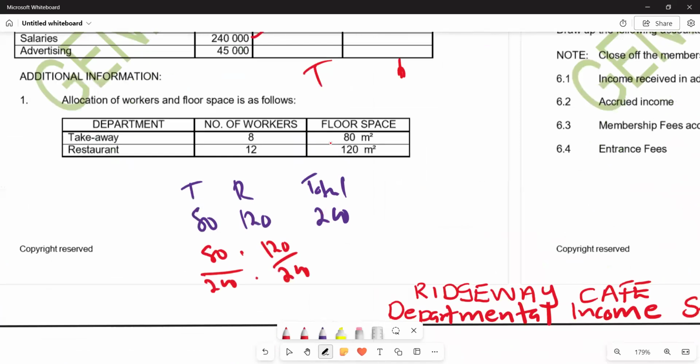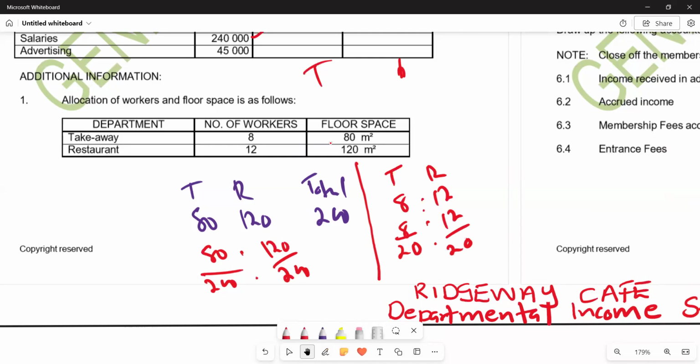So we can present it like that: 4 takeaway and 4 restaurants. And we have 8 and we have 12. We add them, 8 plus 12, you're going to get 20. So on the first one, you can say 8 over 20. Second one is 12 over 20. So we go and multiply it like that.